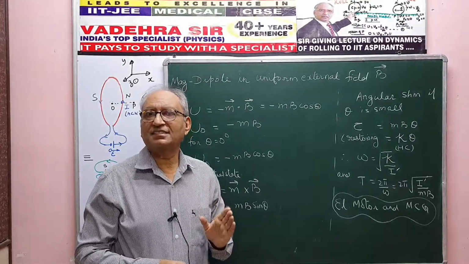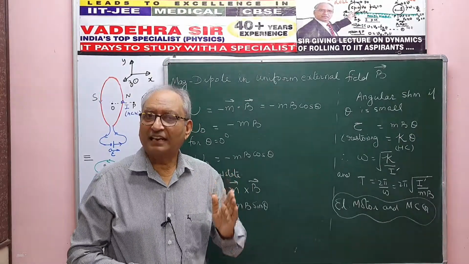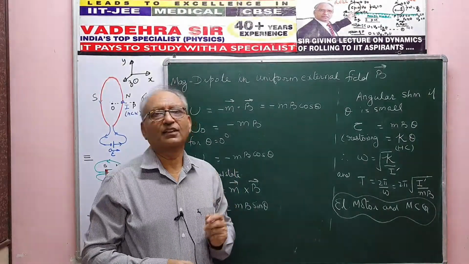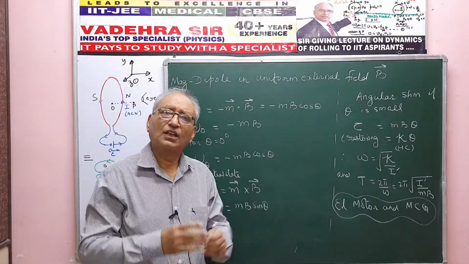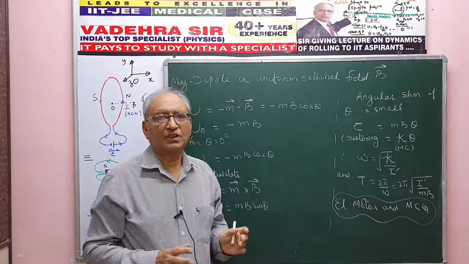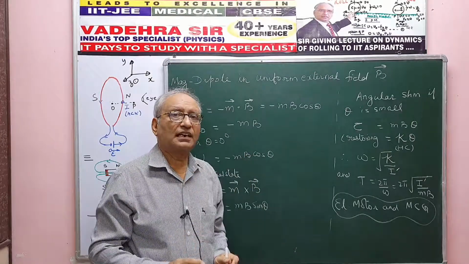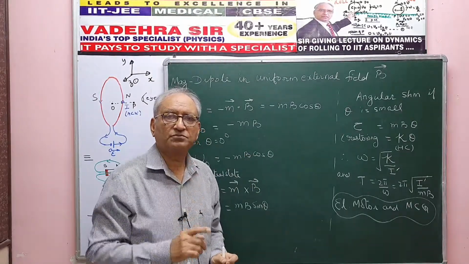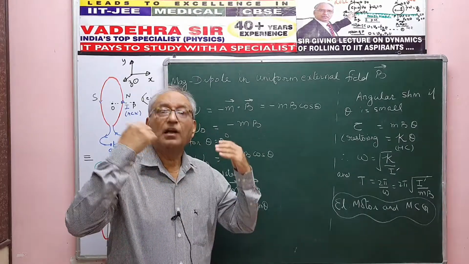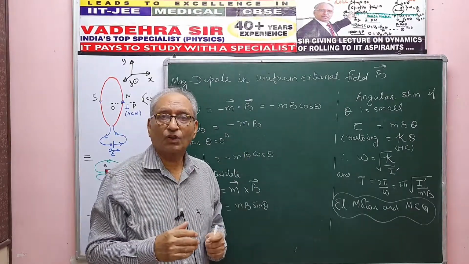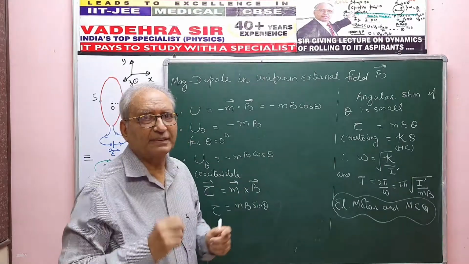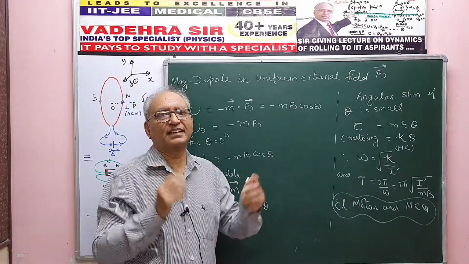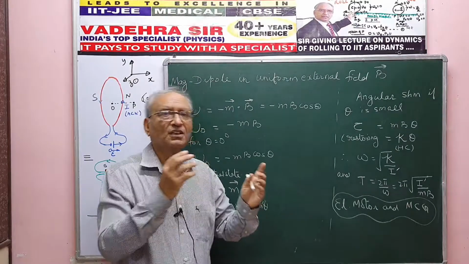So in that case, the dipole while rotating will also translate. All these ideas are going to help you a lot in understanding the behavior of materials with magnetic properties when they are placed in a magnetic field, uniform or non-uniform.